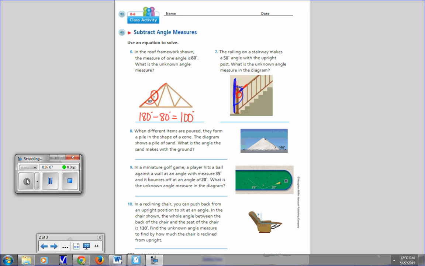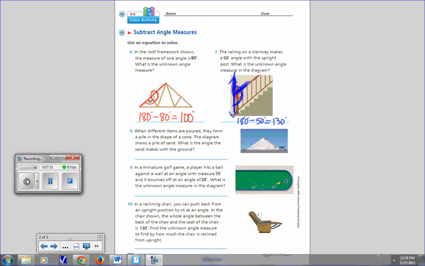Well, I'm starting with 180 degrees again because I'm looking at this as a straight angle. So 180 degrees, take away 50 degrees, is going to give me 130 degrees. I know from this line right here all the way to the post is going to be 130 degrees, using what I already know about this angle.